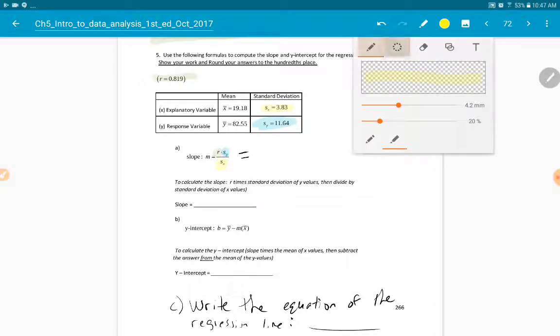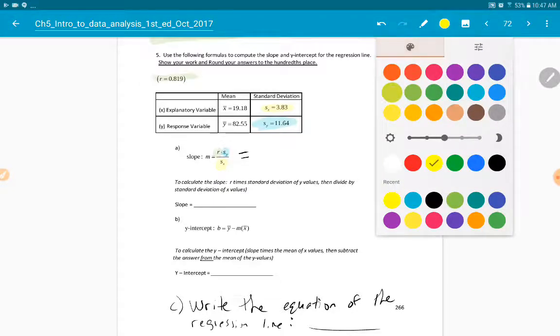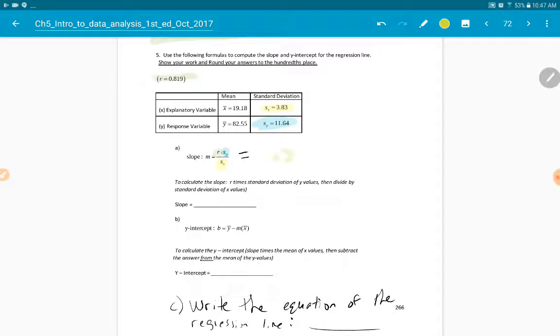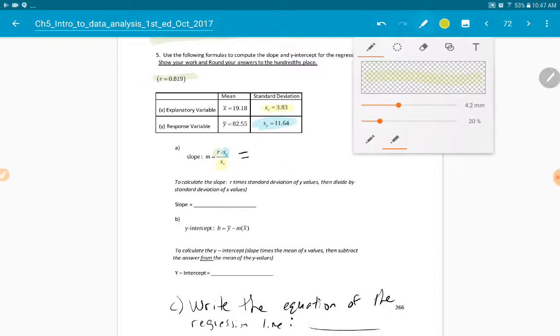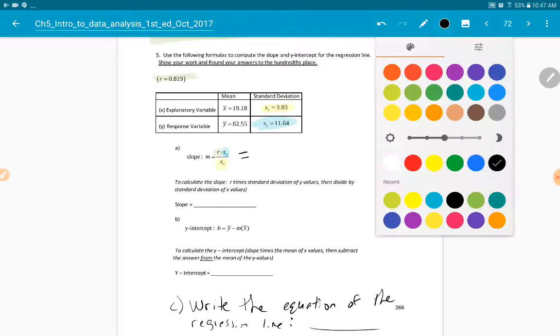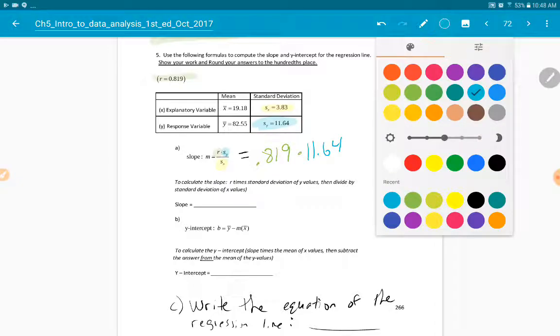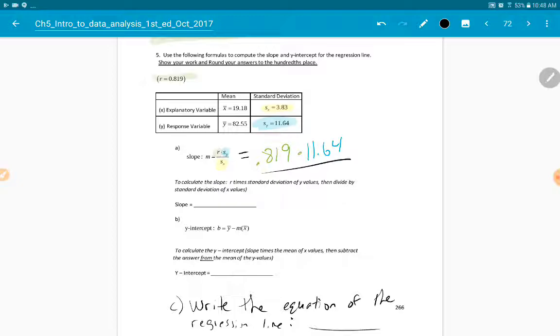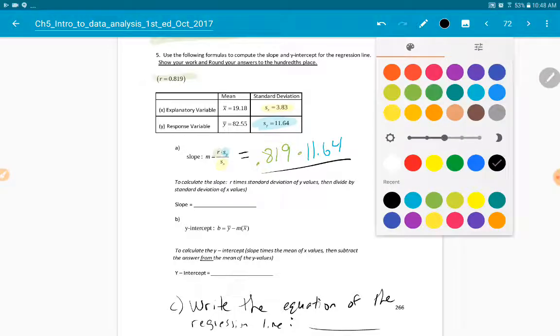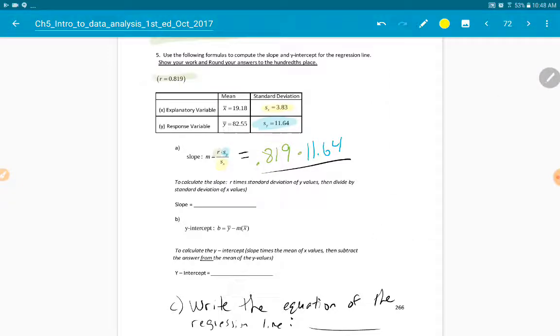Okay, so now I just plug and chug. So let's see here. We got the R, 0.819, and Sy is 11.64. All of that divided by Sx, which is in the yellow, 3.83. Now I need to get my handy dandy calculator out.